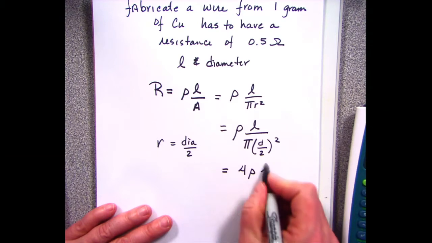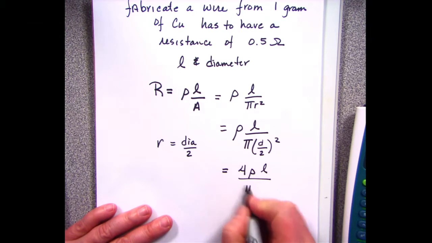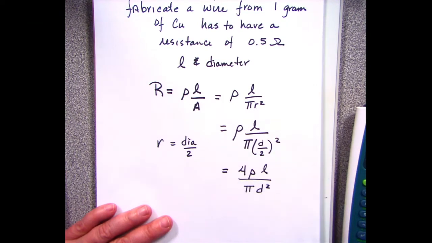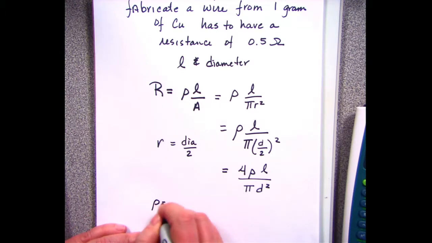We can look up the resistivity of copper, which is 1.7 times 10 to the minus 8. The density of copper, because we might need it, is equal to 8,920 kilograms per meter cubed.